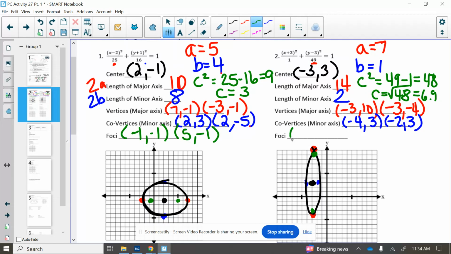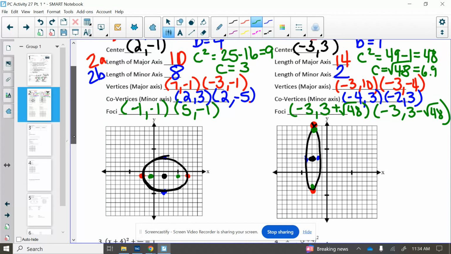So we're still at -3, but we took our value of 3 and we added square root of 48 to it, or you could add 6.9. And then we also subtracted square root of 48 from that to get our foci locations.